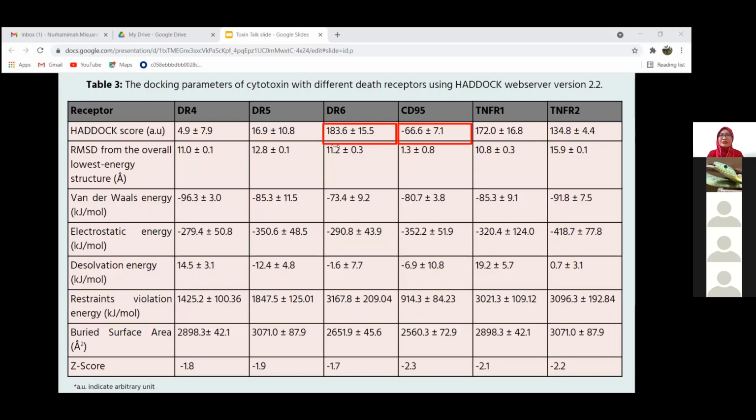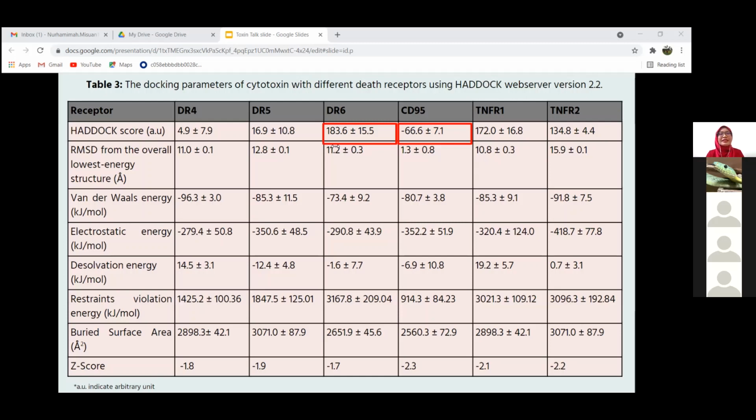And also CD95, even though it has the lowest HADDOCK score, we exclude it because only two loops of CT interacted with CD95. For the best activation, we need all three loops to be involved in the interaction between CT and the death receptor.